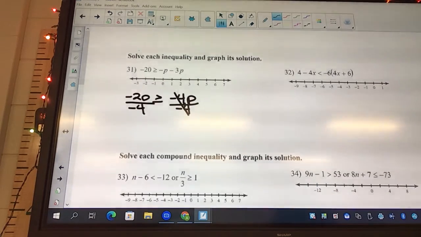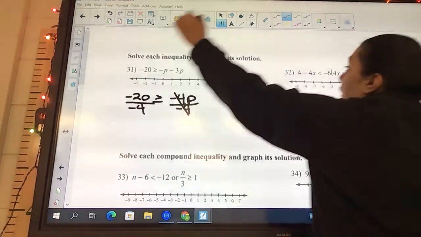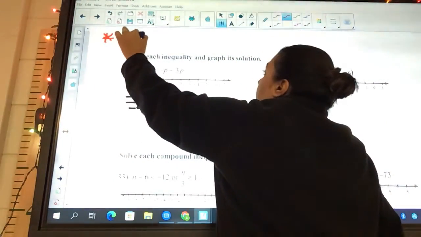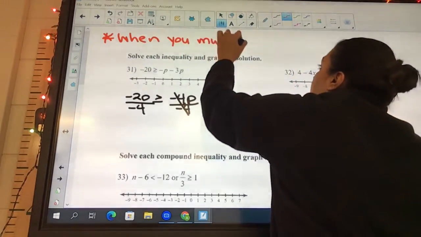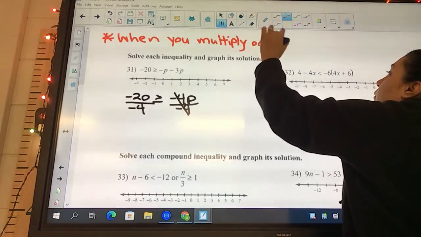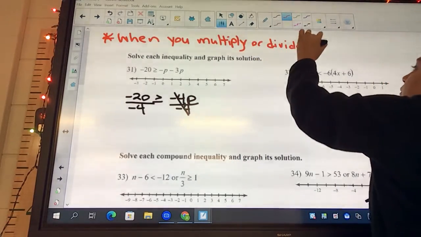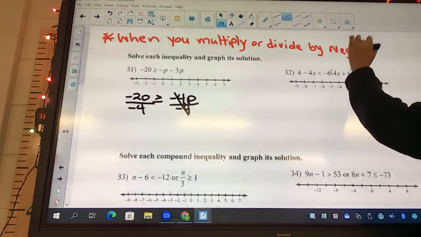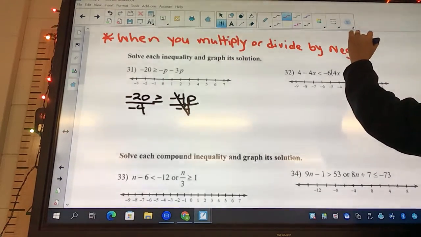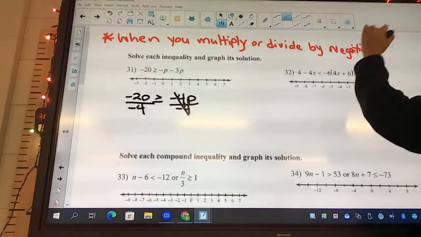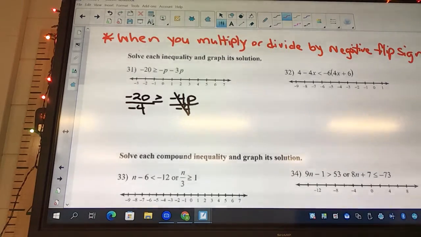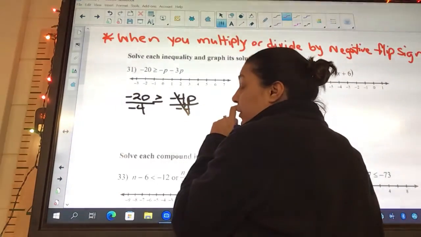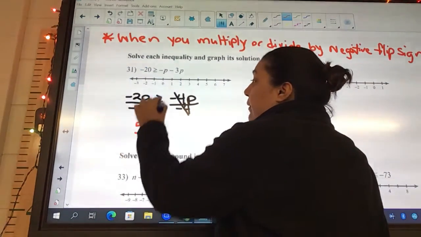When you multiply or divide by a negative, you need to flip the sign. So negative 20 divided by negative 4 is 5, and we're going to flip it.